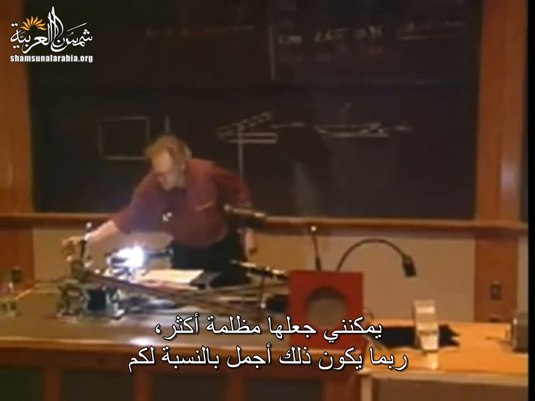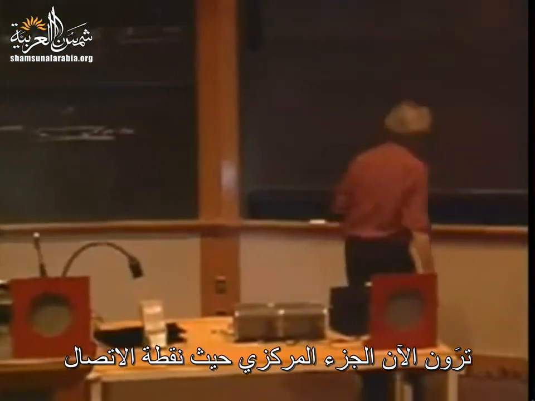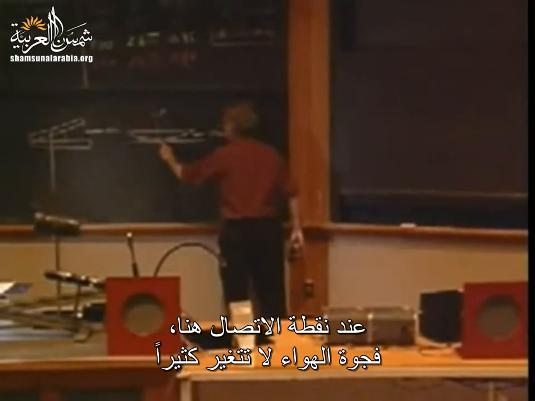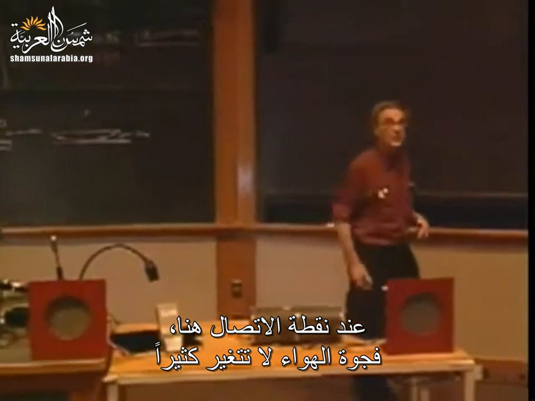That may be nicer for you. You already see there the center portion of the contact. Where the contact is here, the air gap doesn't change very much. And therefore, you will see that the spacing of the rings is large. But when you go further out, then the spacing gets smaller. And it becomes difficult to see, perhaps. But if you're close here, I can really see the rings here much closer than the rings here.